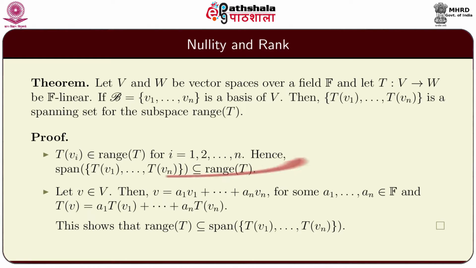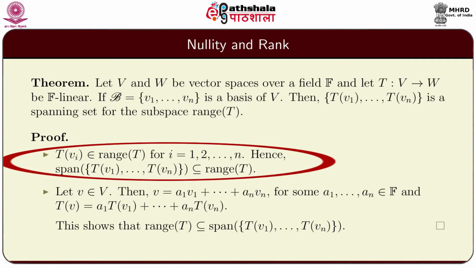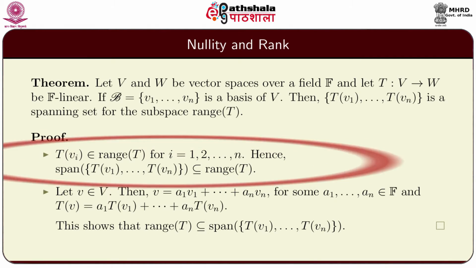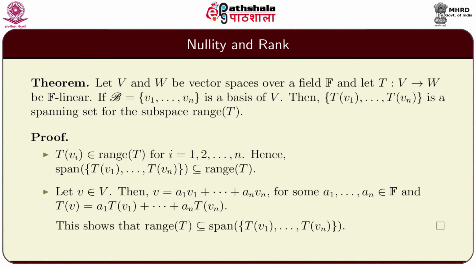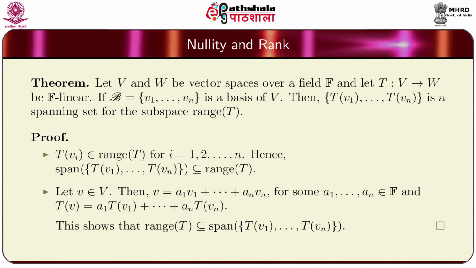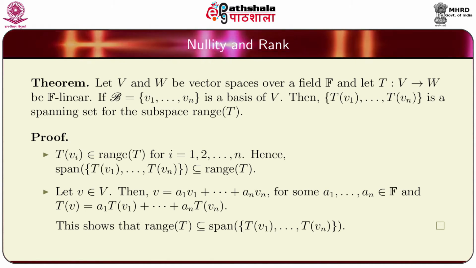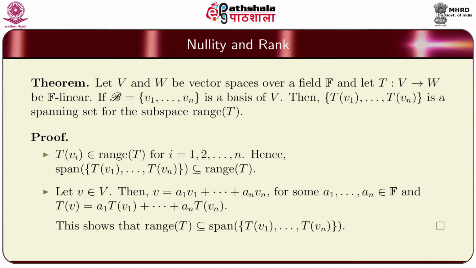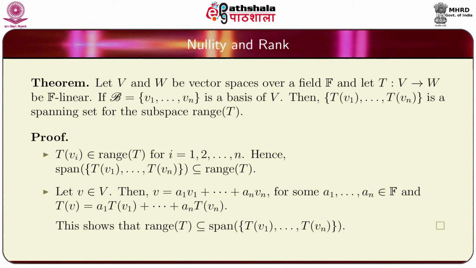First of all, T V1 and so on up to T Vn are definitely in the subspace range of T, and therefore the span of the set {T V1, ..., T Vn} is contained in the subspace range of T.